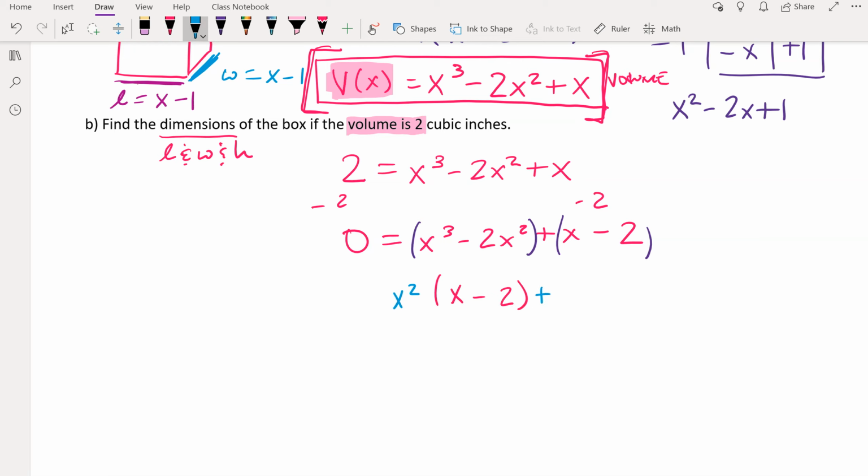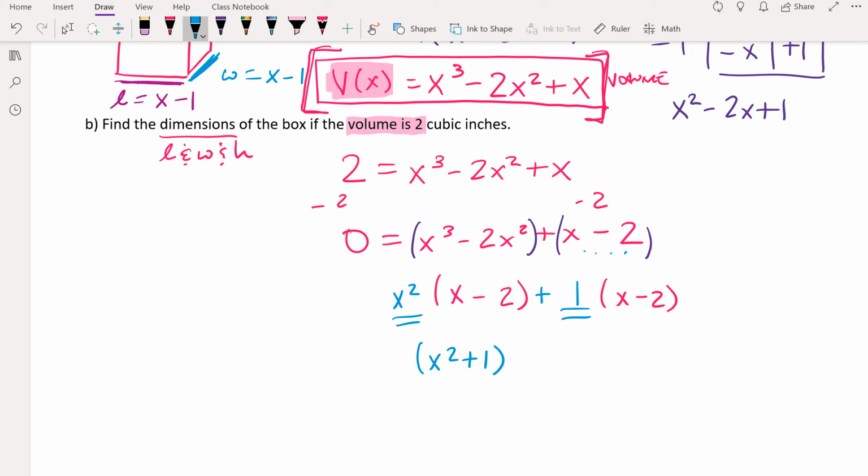We're going to bring down our plus sign, leave a space, and copy the x minus 2. There's that space. What do we need to have in that space? Well, just 1, right? Because 1 is the GCF in the second group. Okay, and now if we're going to continue, we need to bring down the x squared and the 1 into their own parentheses.